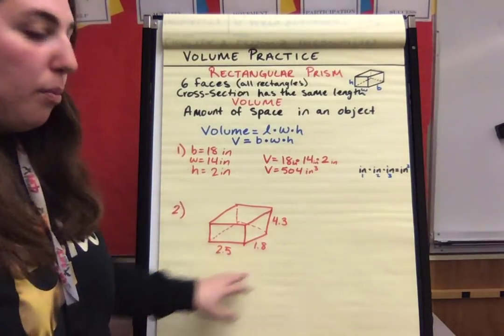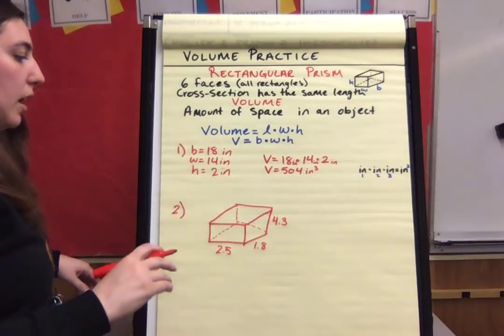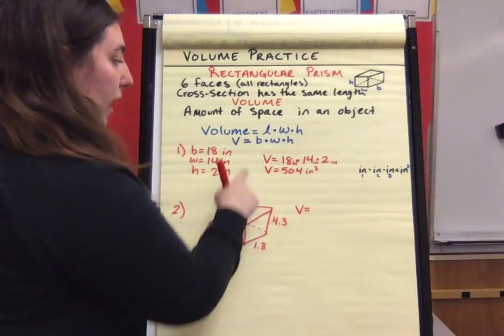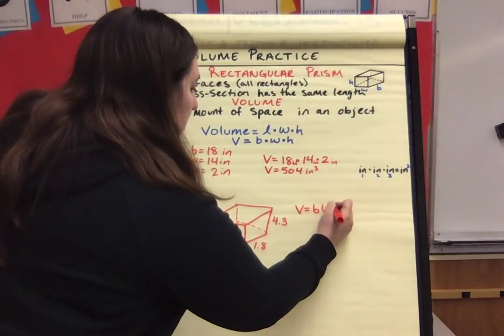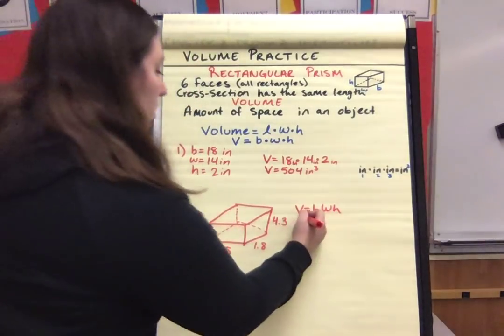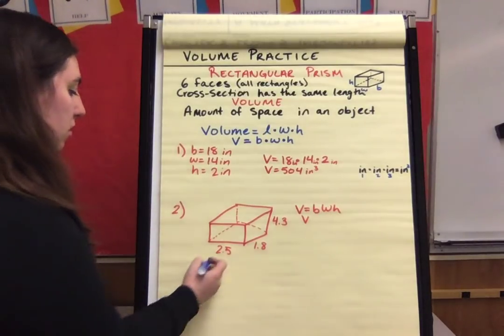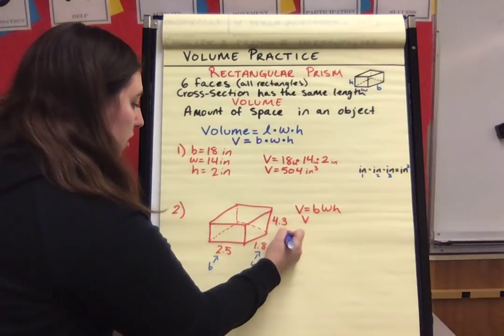Well, we have to multiply these, right? So you can use your calculator. So we start by writing our formula, which is going to be base times width times height. I could say, this is my base, this is my width, this is my height.